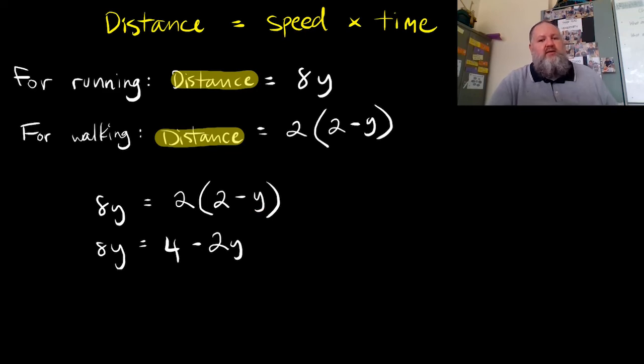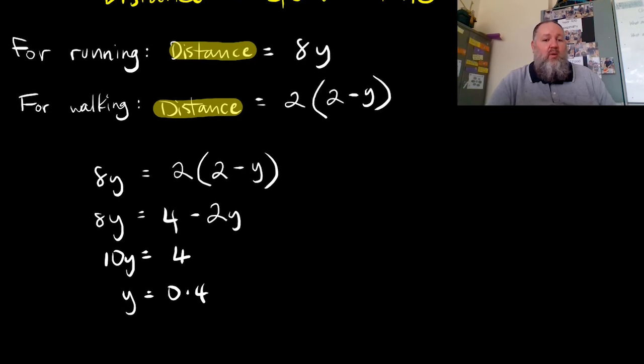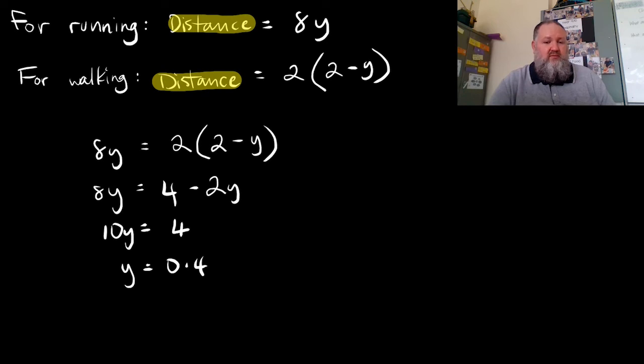I've got y's on both sides and I don't really want that, so I'm going to shift the minus 2y over to the other side by adding 2y to both sides. I'm going to have 10y is equal to 4. And then I want my y to be by itself, so I'm going to divide both sides by 10. And I'm going to figure out that my y value is equal to 0.4.